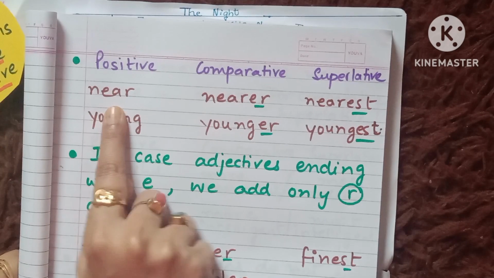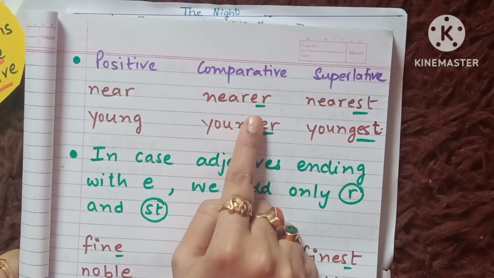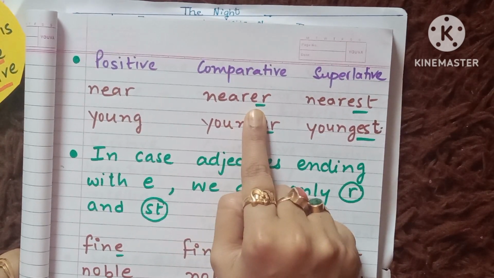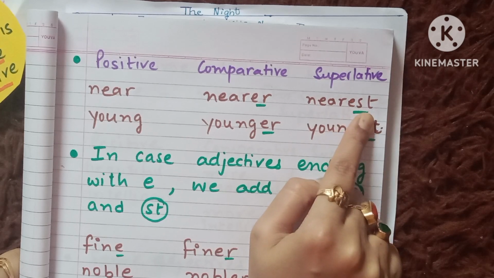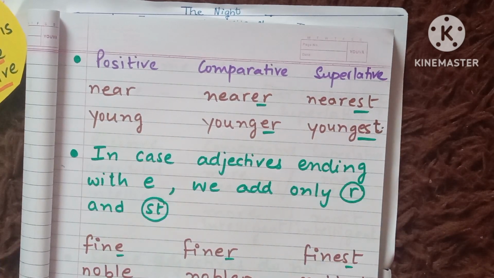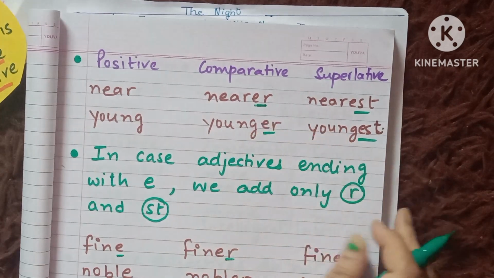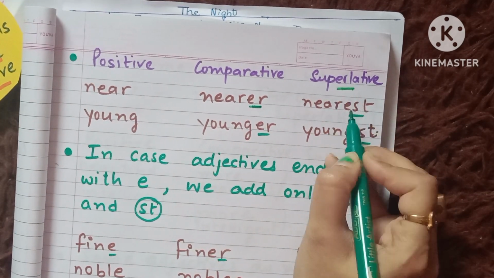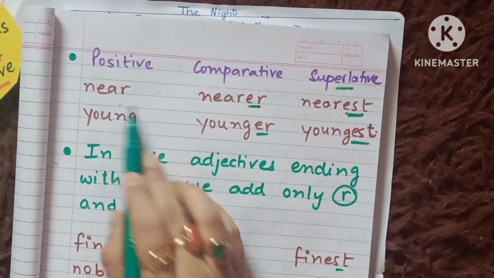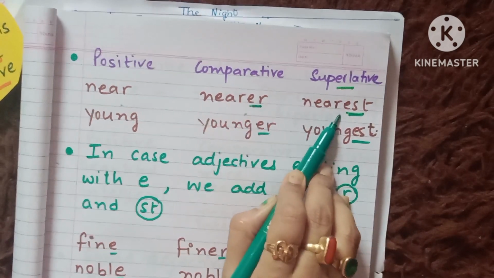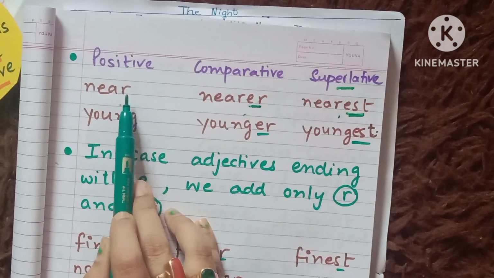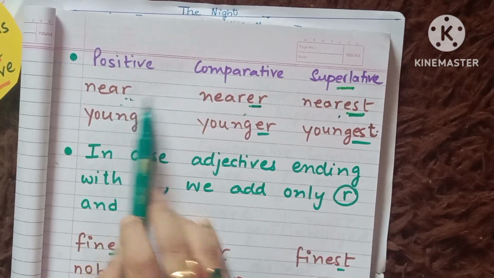Near, nearer. We have only added ER. Nearest, EST. So it is ER for the comparative, and for the superlative it is EST. Near, nearer, nearest. Sheena's house is near.